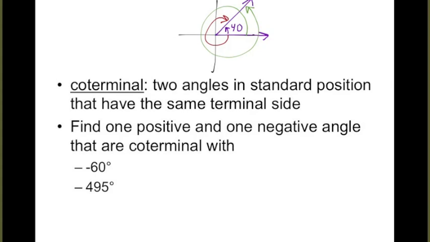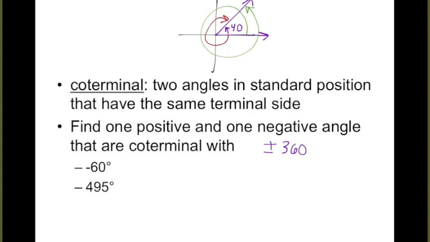I could be going around forward or backwards, but I have to go around a whole circle to get back to that spot. How big is a circle? 360 degrees. So to find coterminal angles, we add and subtract 360 degrees to our value.